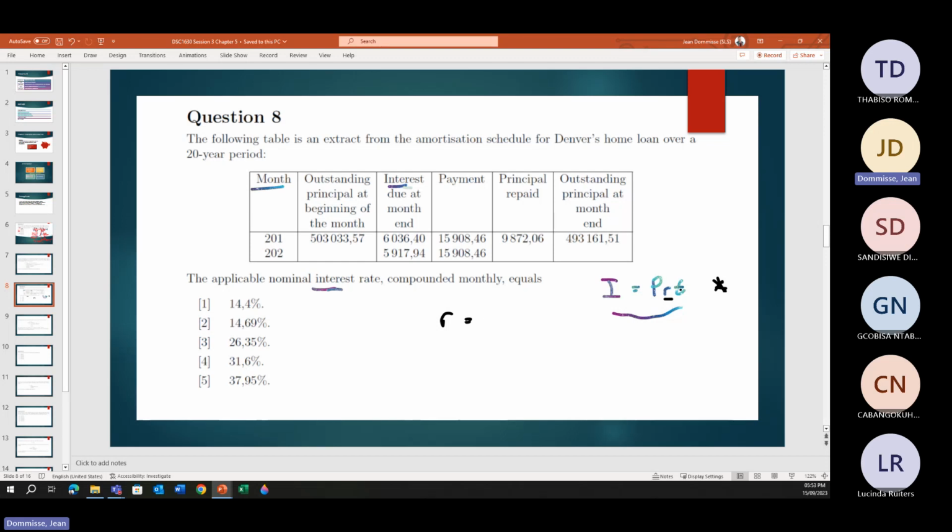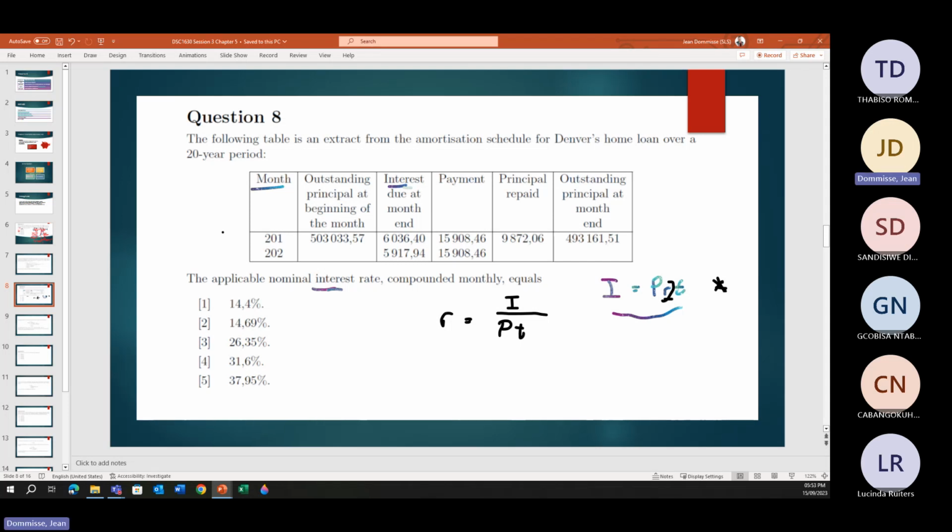So if we isolate for R here, we can say the interest that was calculated divided by the PT will give me my interest rate.